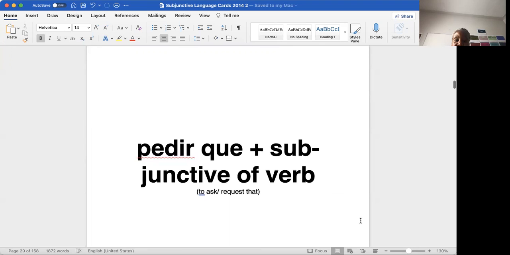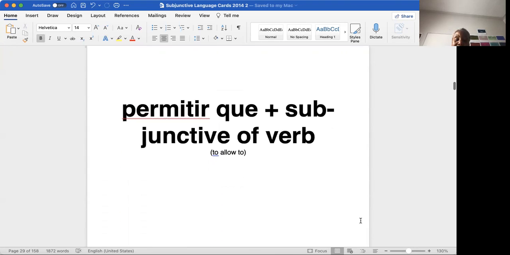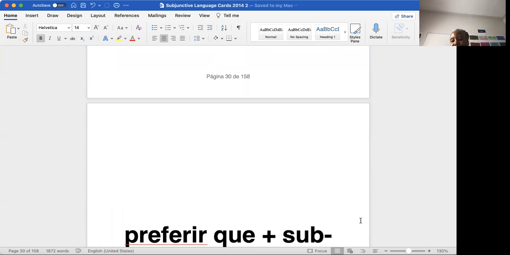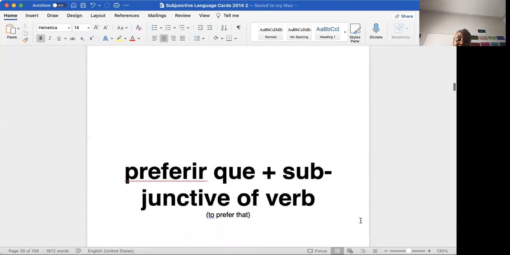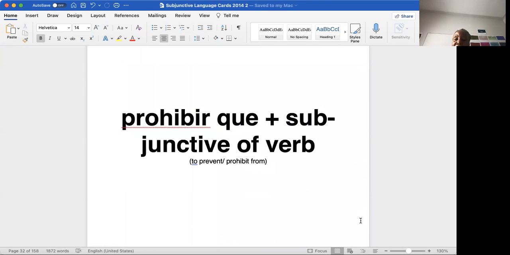Pedir que, to request that. Permitir que, to allow, to. But that's how we translate in English, because sometimes in English we'll use to, sometimes we'll use that. It all depends. Preferir que, to prefer that. Prohibir que, to prevent or prohibit from.